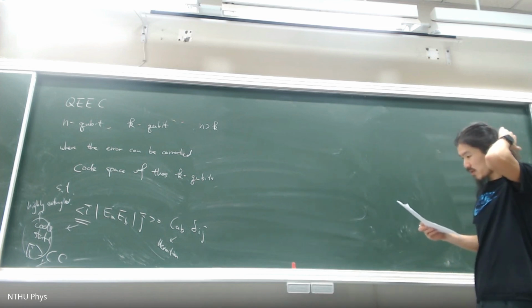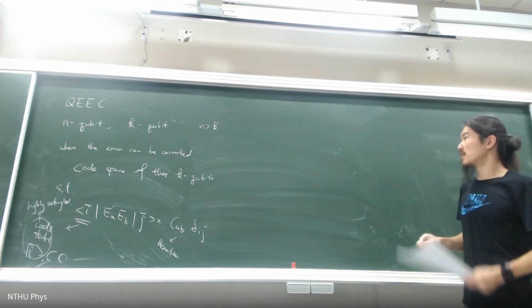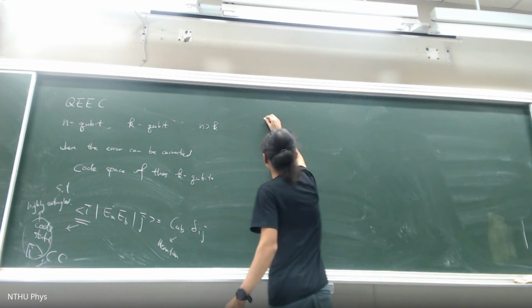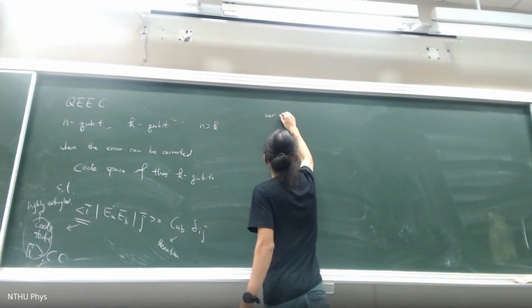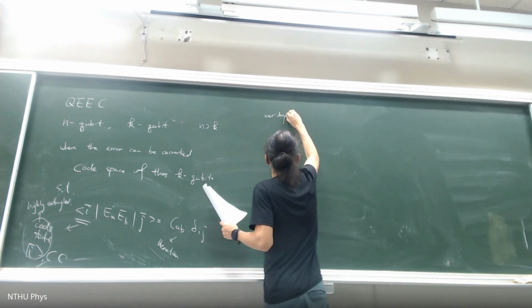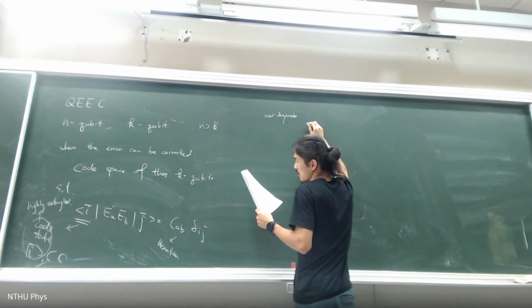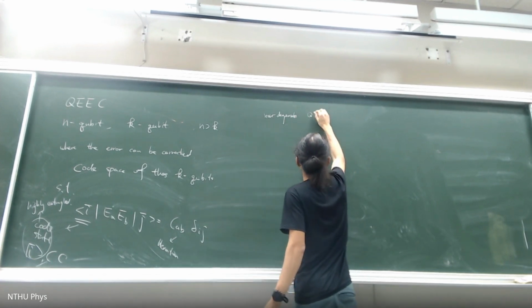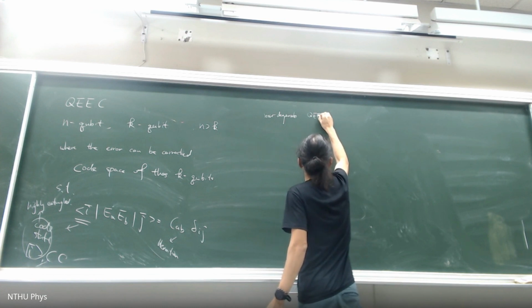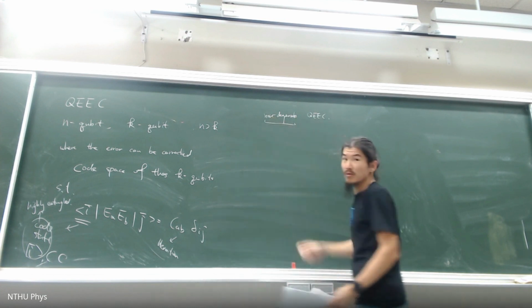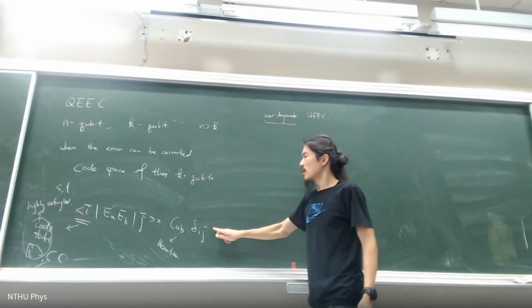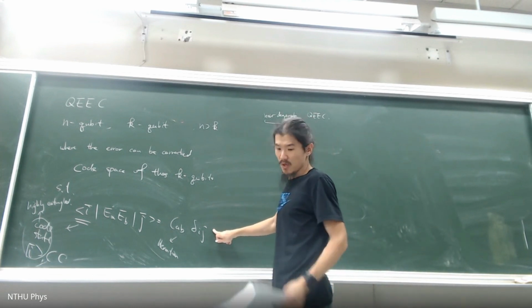So now we just want to demonstrate one example. Let's consider the so-called non-degenerate quantum error correction code. When I say non-degenerate, I mean I have a stronger constraint on this criterion.